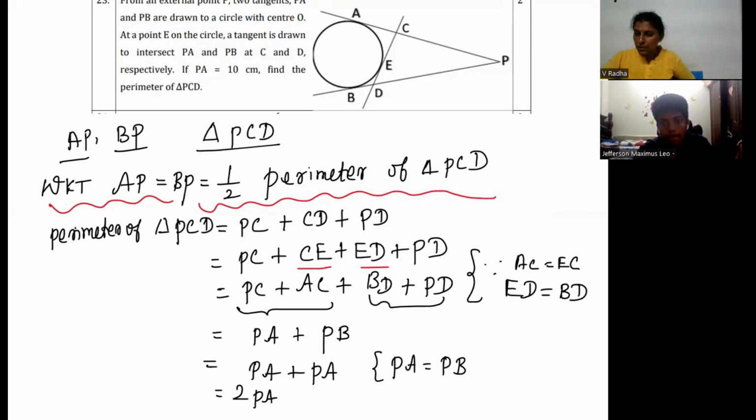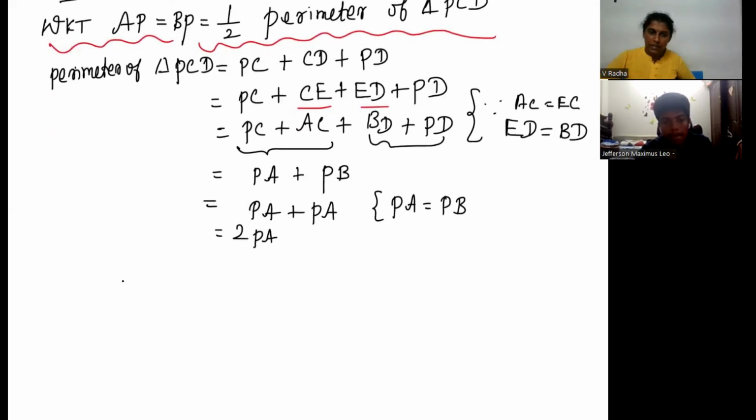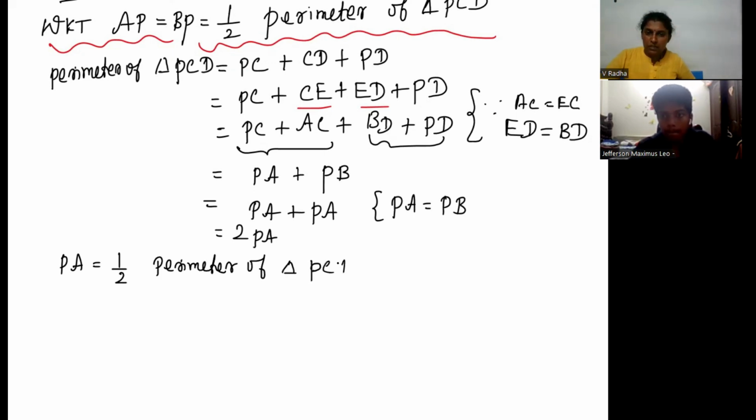So keep the term PA only on the left side. So from that, PA is equal to half the perimeter of triangle PCD. So we used that PA also is equal to BP, that is half the perimeter of triangle PCD.